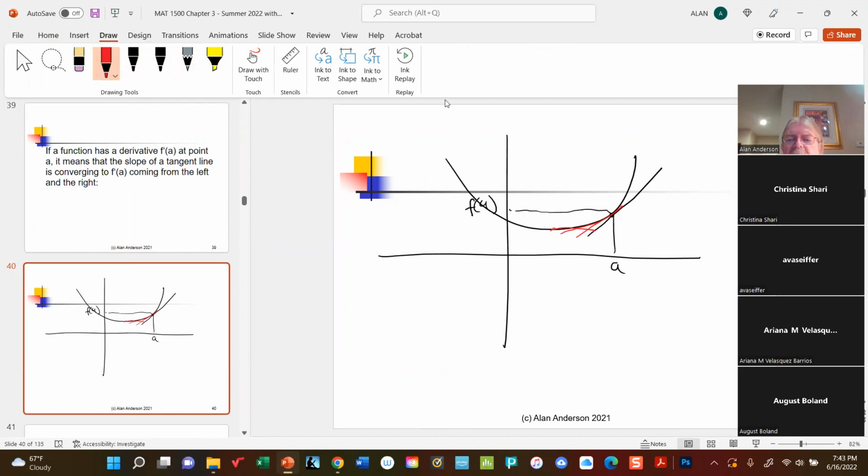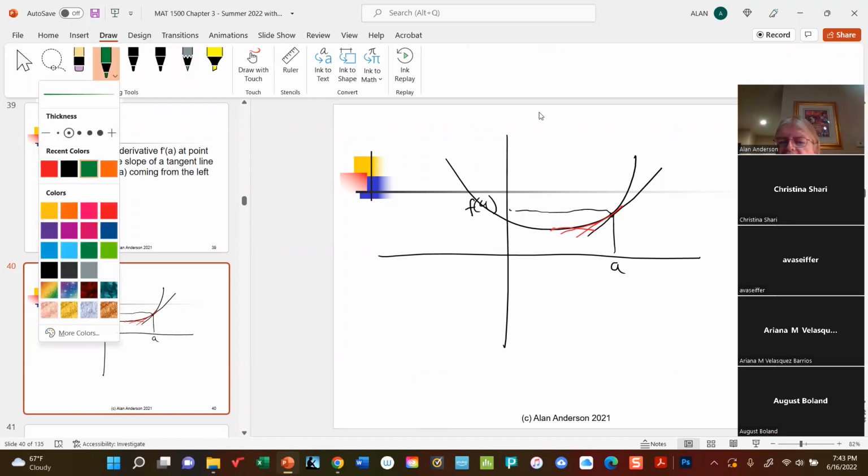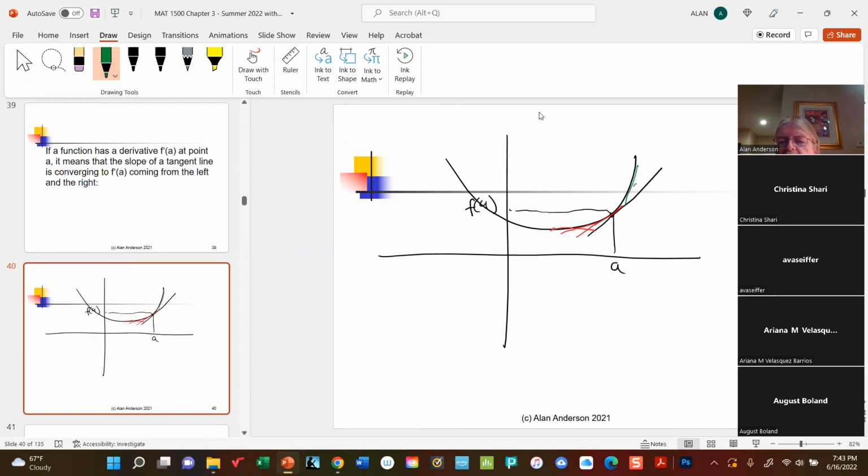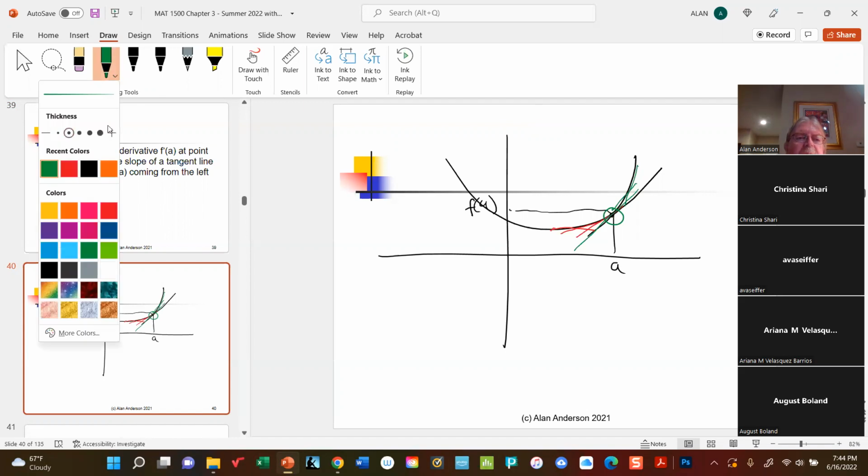And if I do the same thing from larger values, let's say I start by defining a tangent here, and then here, and then here. On either side, the slopes of those tangents are getting closer and closer to this point. Okay, so that's good because that means the derivative is defined at that point.